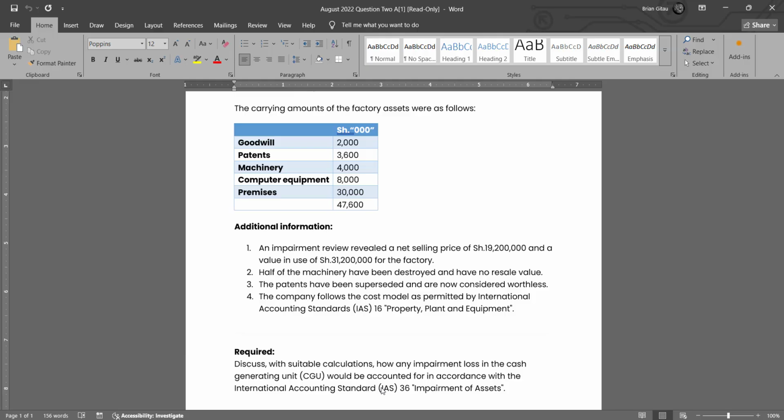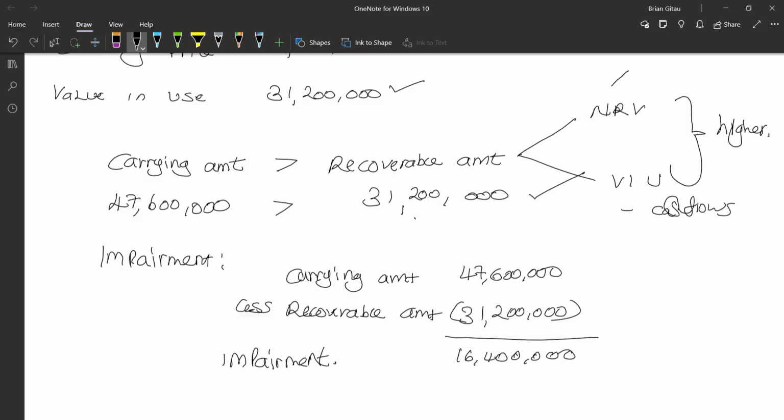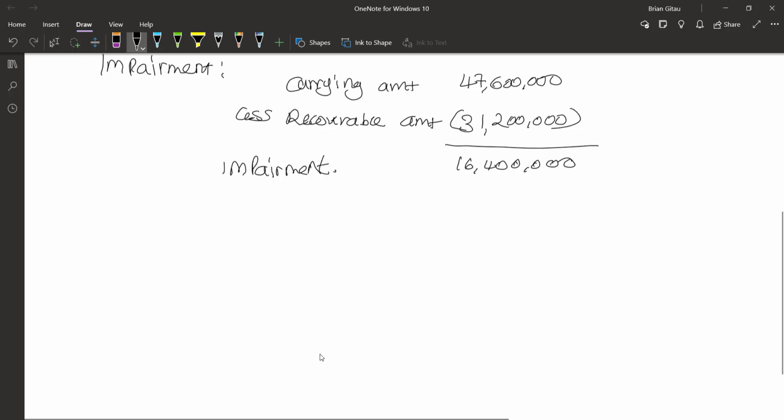And remember, goodwill again is written off. As per IAS 36, we do not consider goodwill when calculating impairment in a cash generating unit. So let's go ahead and write off those 3 items. The first one is goodwill.